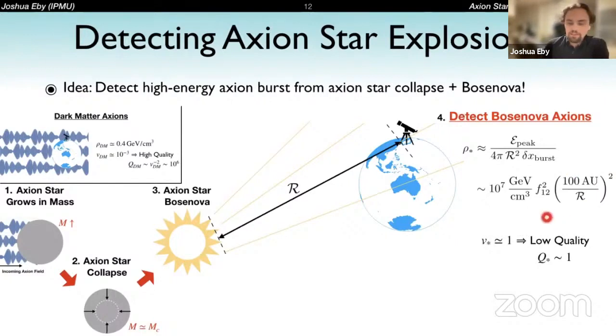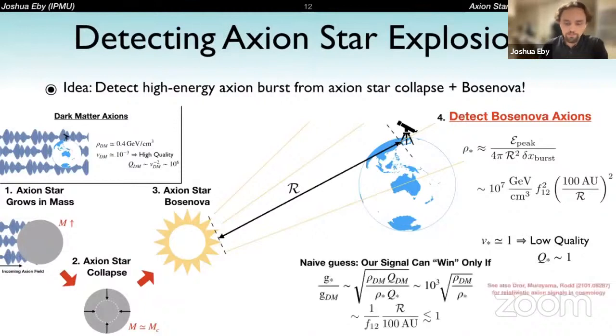The other downside is that these are relativistic axions. They have a wide momentum dispersion as opposed to a narrow one. So this is a poor quality oscillator. So you can't integrate coherently, it seems. So it seems like you maybe lose in both places. Naively, you might guess that our sensitivity relative to dark matter will scale like this.